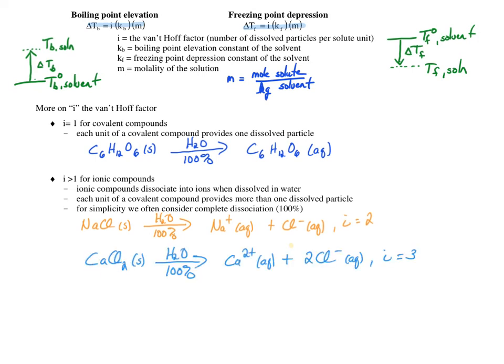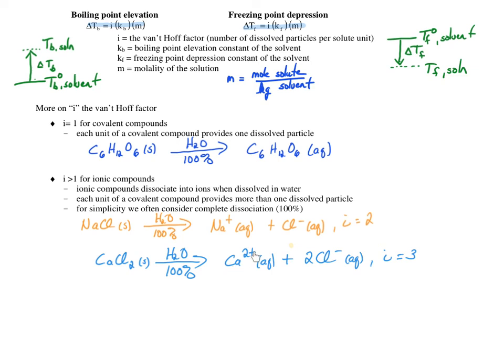Calcium chloride, another soluble ionic compound. If it dissolves in water, it's going to produce ions in solution, because when it dissolves in water, it is going to dissociate into ions. In this case, we'll have a calcium 2 plus ion.